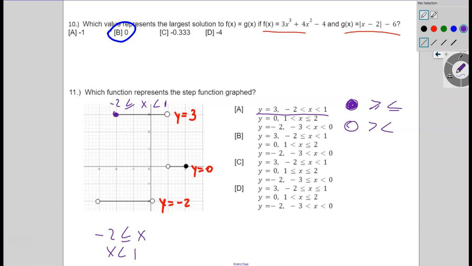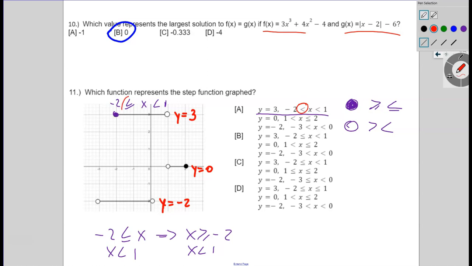It was all put together, right? So please make sure that your arrows are going in the right direction and that you understand what it means. This also means that x is greater than or equal to -2, but then x is also less than 1. Is that true? Yes, it is.